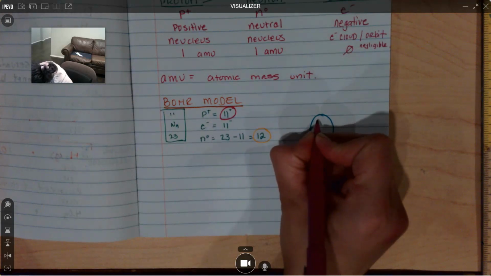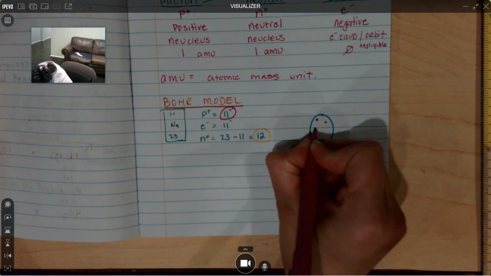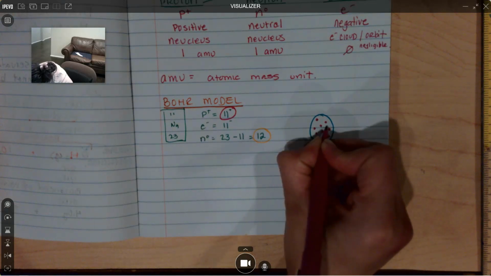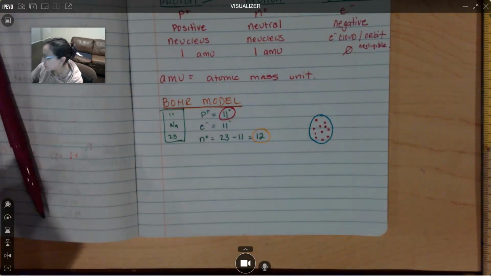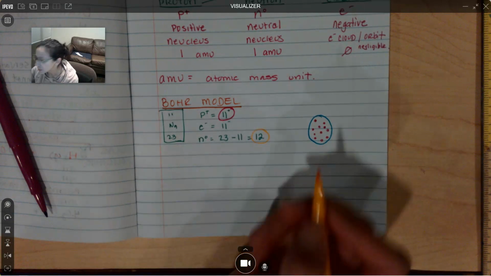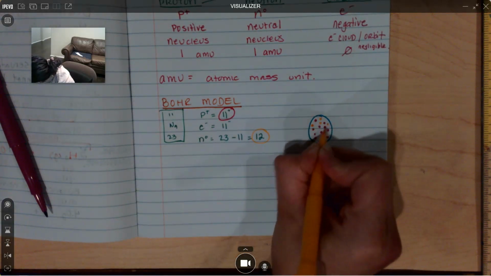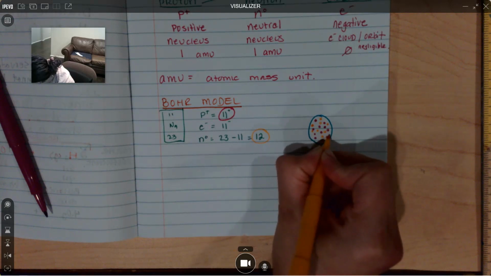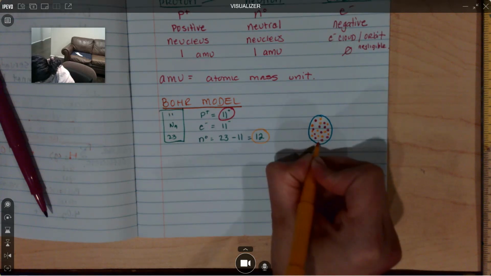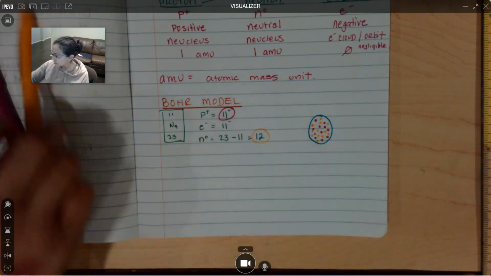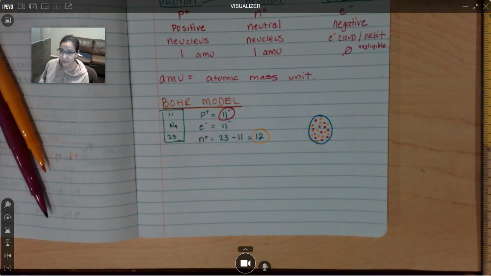Okay. So 1, 2, 3, 4, 5, 6, 7, 8, 9, 10, 11. There are my 11 protons. Now 12 neutrons. 1, 2, 3, 4, 5, 6, 7, 8, 9, 10, 11, 12. Right? This here is my nucleus.